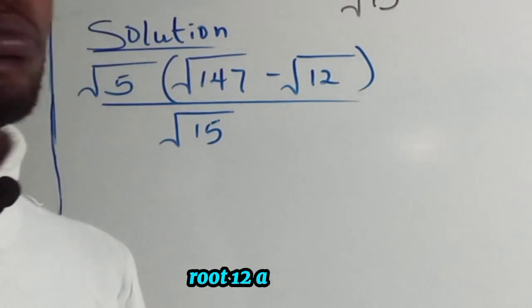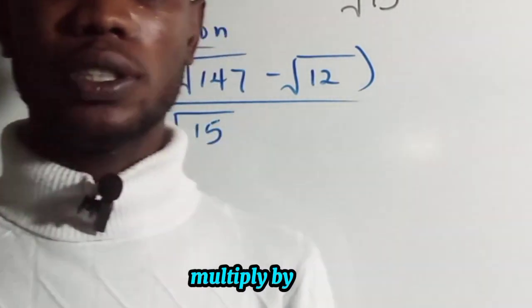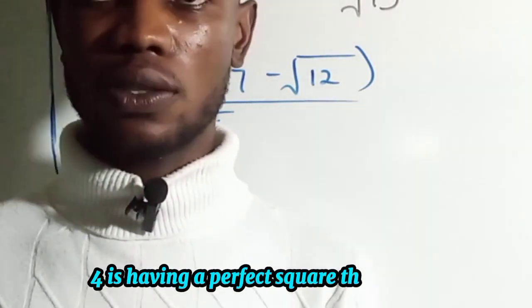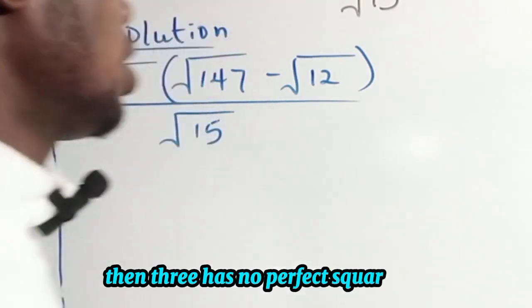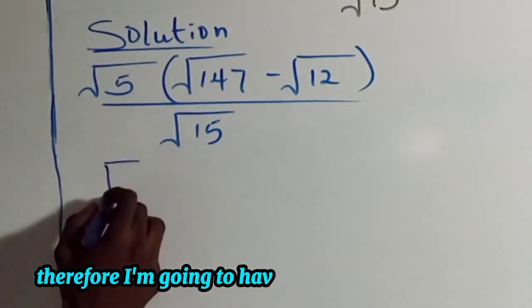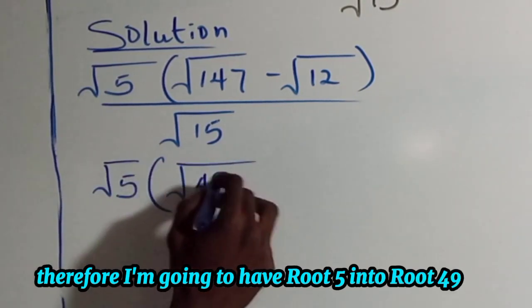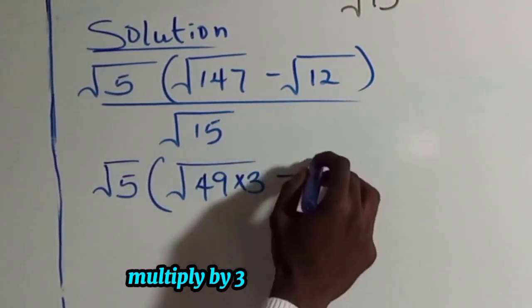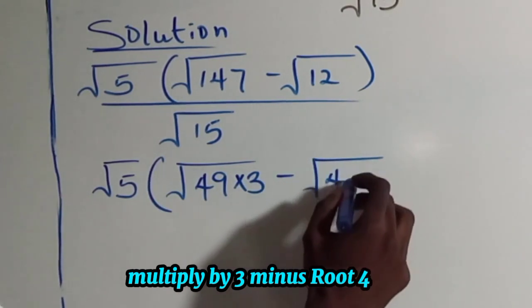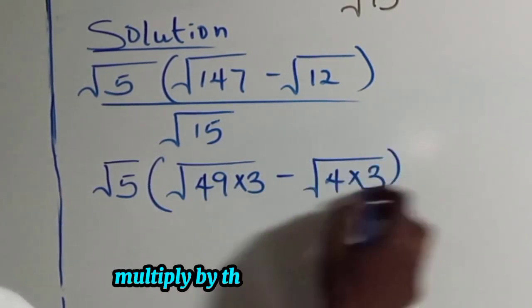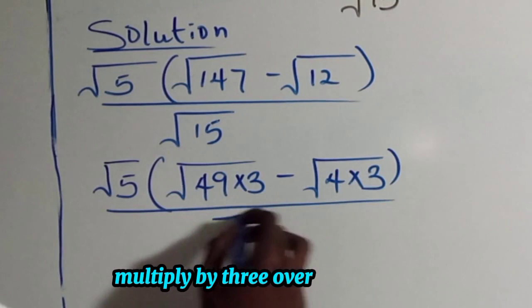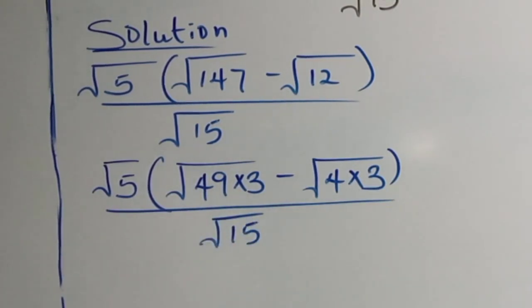Root 12 also, 4 multiplied by 3. 4 is having a perfect square, that's 2, then 3 has no perfect square. Therefore, I'm going to have root 5 into root 49 multiplied by 3 minus root 4 multiplied by 3 over root 15.